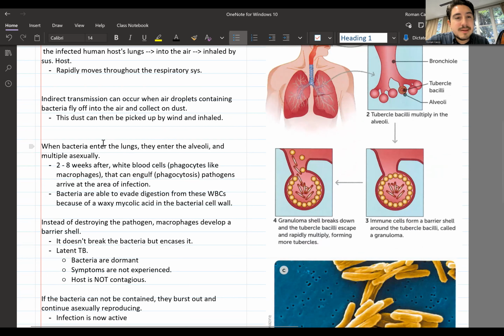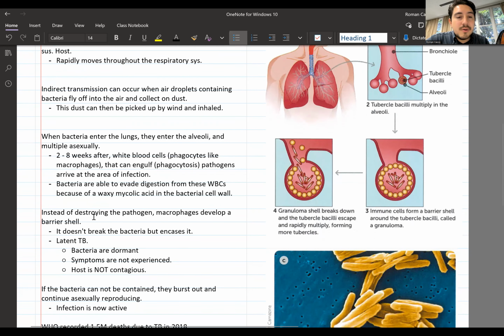And as they start to incubate, 2 to 8 weeks later, it's pretty slow in that sense, but white blood cells, phagocytes, those cells that can come in and undergo phagocytosis, where they can engulf and swallow these types of pathogens, come to that area of infection.